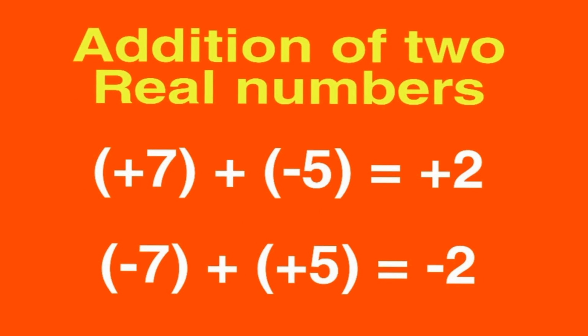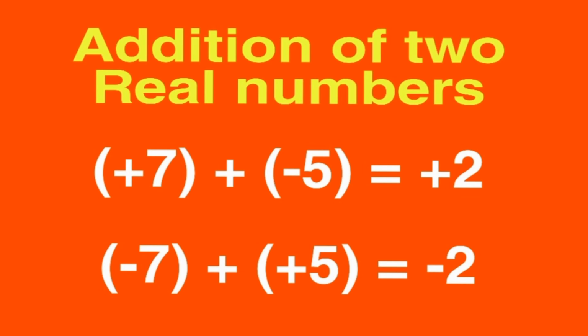So students, in case 1, when both real numbers have different, meaning opposite signs, you see on the slide, for example, if we have -7 first and second is +5, how shall we add? Because the signs of these two numbers are different, opposite, we shall subtract their absolute values.